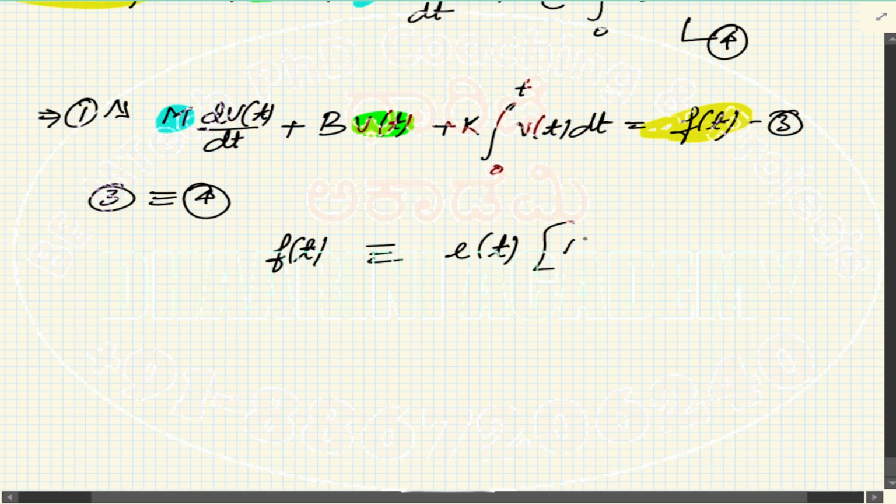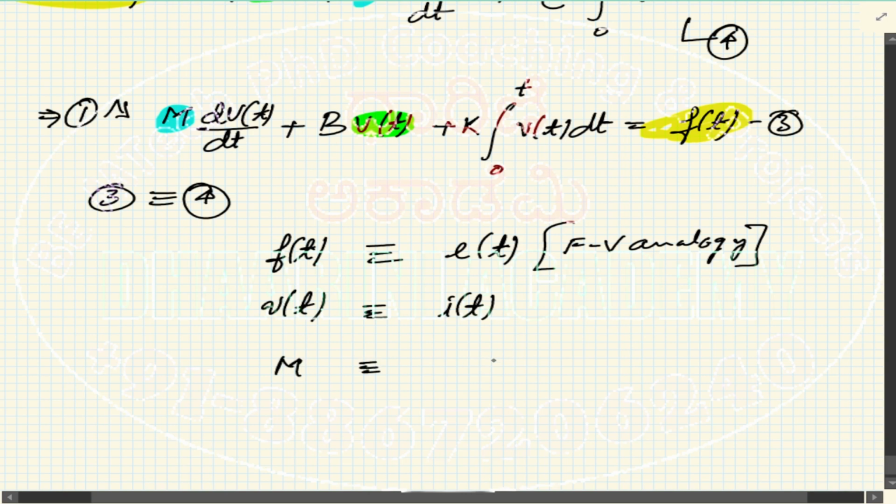That's why this is called the FV analogy. Velocity on one side becomes equal to the current I of t on the other side. Mass m is equivalent to inductance L, the damping coefficient B is similar to the resistance in the circuit, and the spring constant becomes equal to 1 by capacitance.